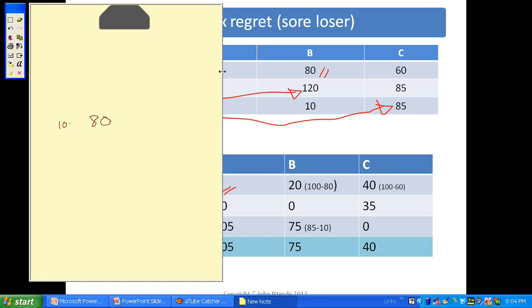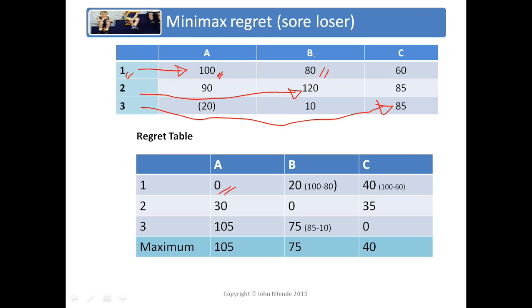So you can see that 100 minus 80 gives us 20. So the regret for choosing B under scenario 1 is 20. Similarly, the regret for project C under scenario 1 is 40.